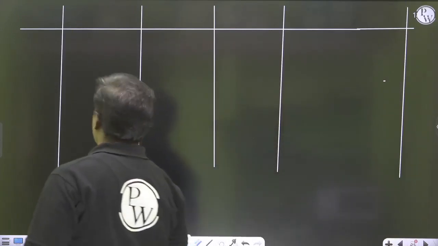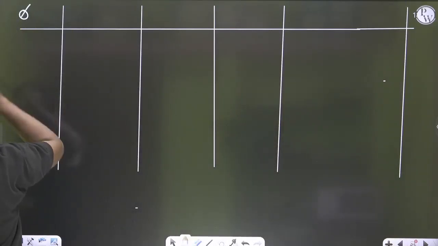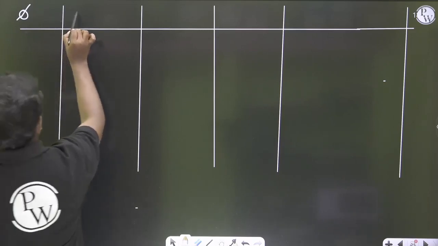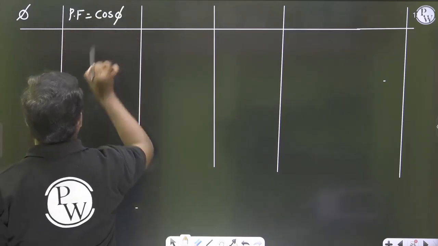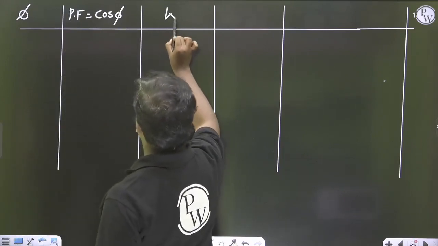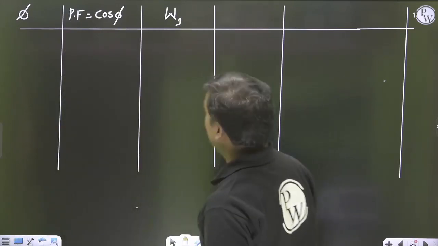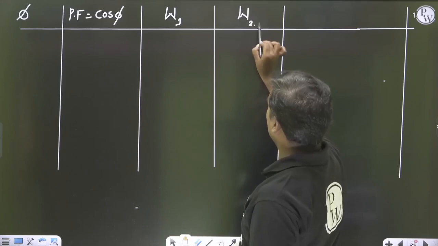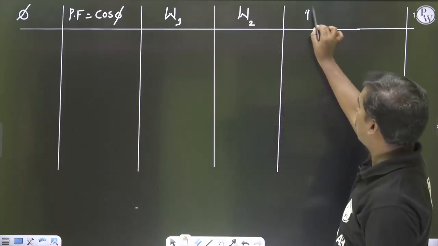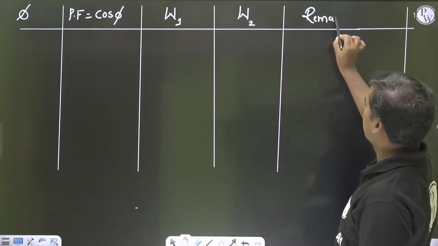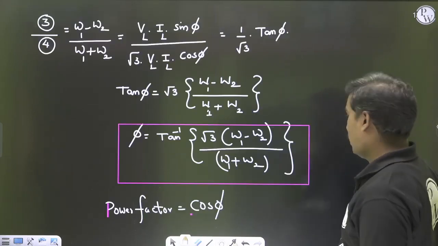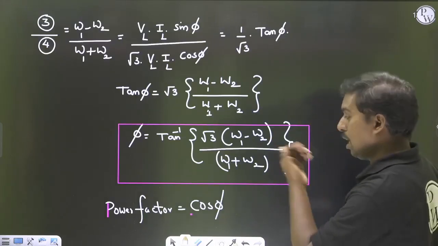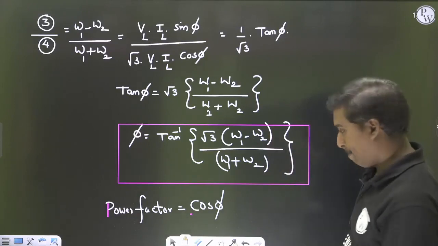So this is the phi, this is the power factor which is cos phi, this is the W1 reading, this is the W2 reading, and these are the remarks. So if we check now, for example, we'll start with 0.